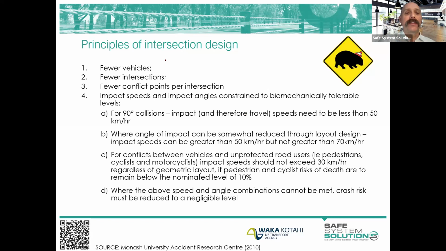So in the safe system assessment way of thinking, both of those influence the exposure to crashes. Fewer conflict points per intersection is really one of the things in a safe system assessment that we term likelihood. We see that as a likelihood factor.